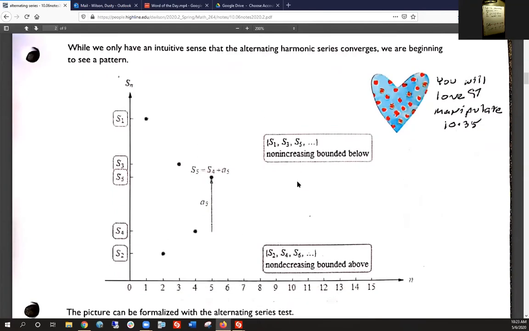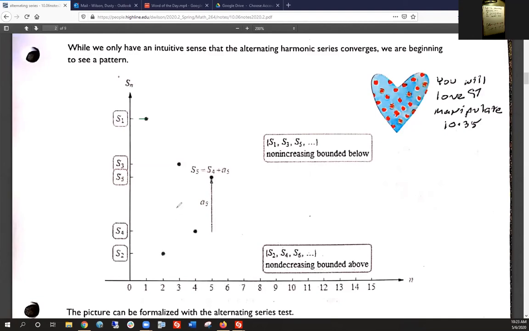So while we have only an intuitive sense that the alternating harmonic series converges, we're beginning to see the pattern. Your first partial sum in an alternating series will be high, and then we're going to subtract, which takes us down low.